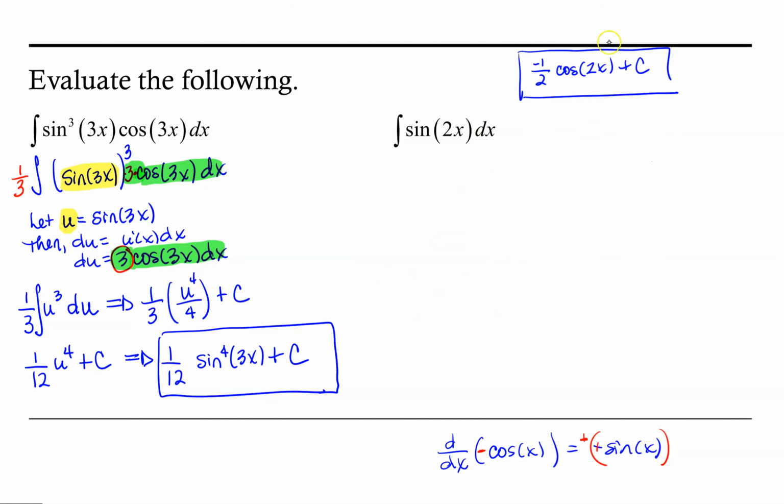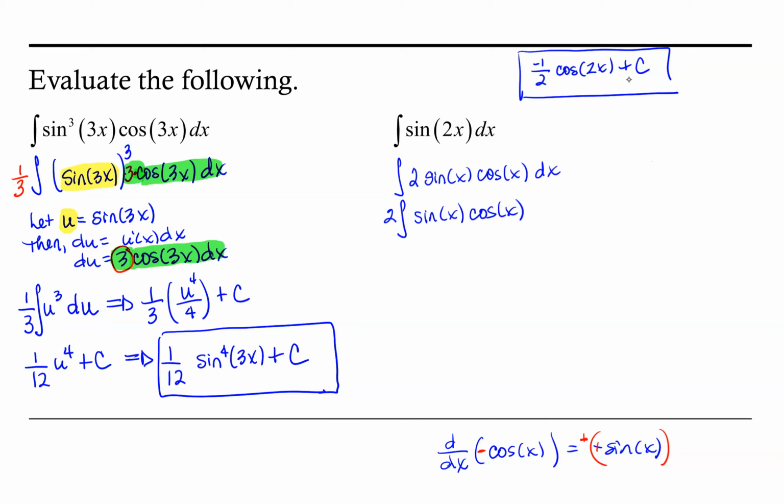This time let's use the identity that sine of 2x is 2 times sine of x cosine of x dx. And then we can bring this factor of 2 in front. So 2 times sine of x cosine of x.